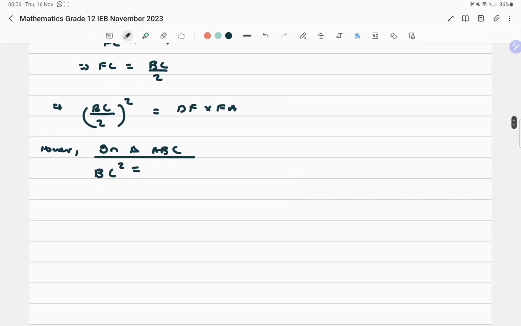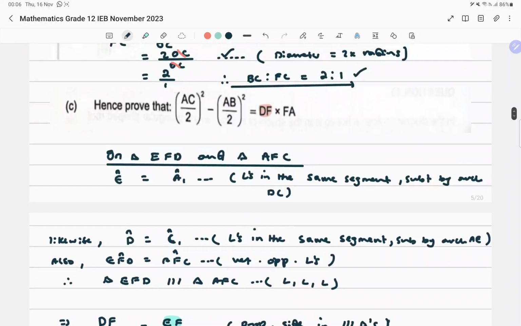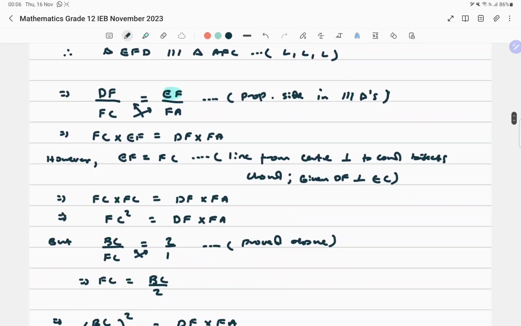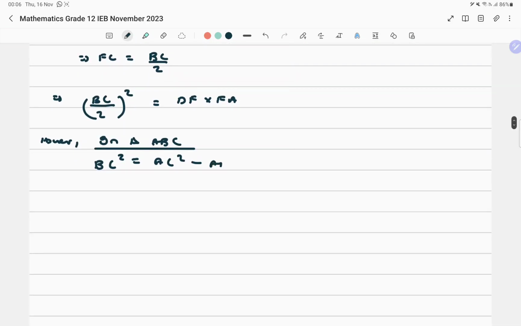So it's going to be AC squared minus AB squared, from Pythagoras. Now this is from Pythagoras theorem. Okay, easy. So now this is the same as BC squared.